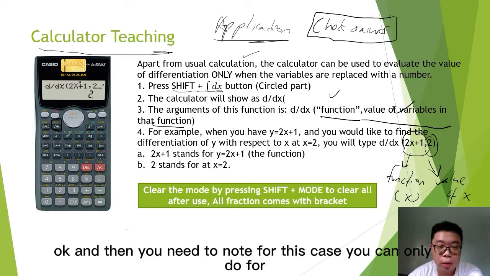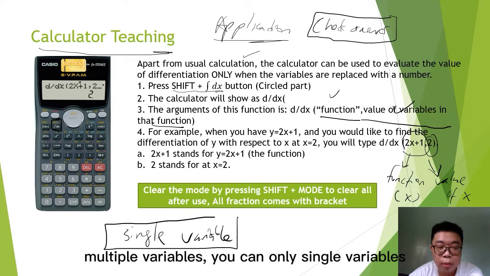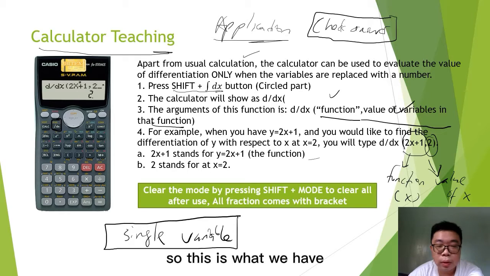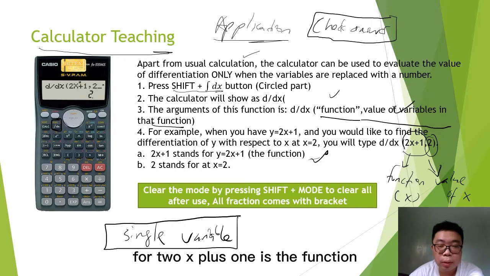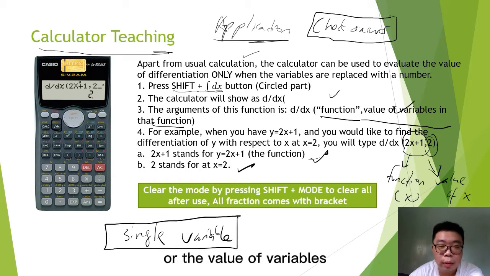You need to note that you can only do this for a single variable. Your calculator cannot do multiple variables. So 2x plus 1 is the function, and 2 stands for x equal to 2, the value of the variable in that function.